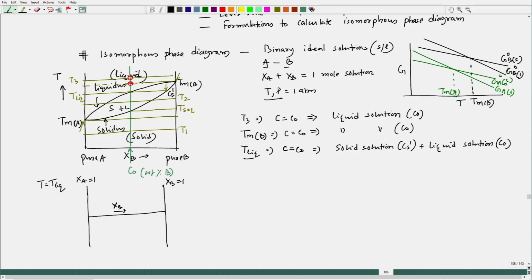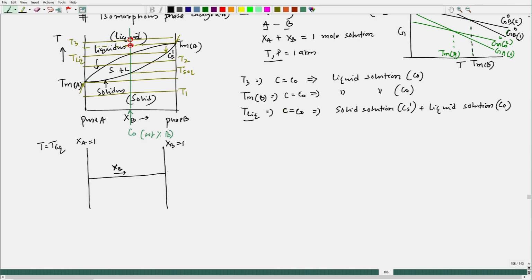Okay. So, in that case my plot pattern would be, so this would be my GB naught of liquid, this would be, just a minute, let me just check, in between we have GB of solid, and this side would be GA naught liquid, which will be assigned to 0, this is also assigned to 0, okay, at this location, and correspondingly this will be my GB naught liquid, and here let us say this is GA naught solid.